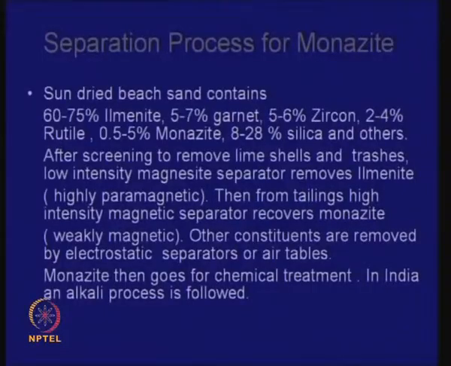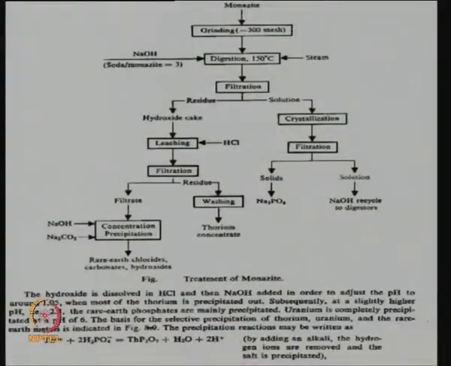In our country, for reasons that I do not know, our people have opted for alkali leaching of monazite, and the flow sheet is like this. I will quickly go through. We have produced monazite from beach sands by separating it out by high intensity magnetic separator.